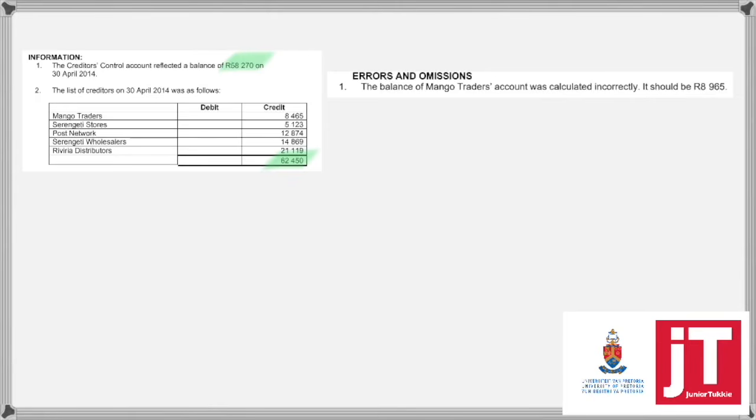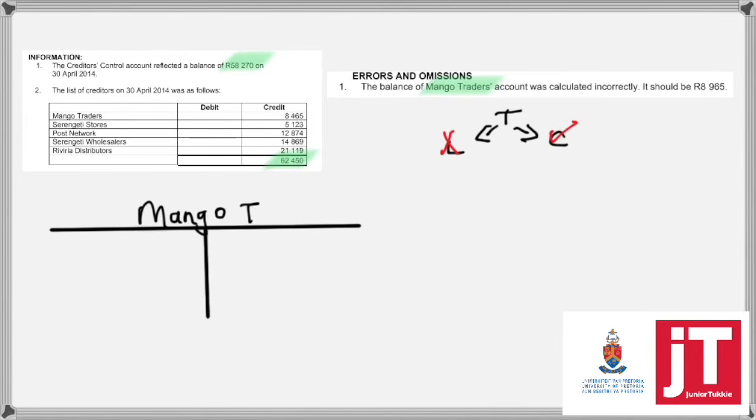So the first transaction: the balance of Mango Traders account was calculated incorrectly. It should be 8,965, which means we made a mistake with the individual's account and not with the control account. We need to open Mango Traders.